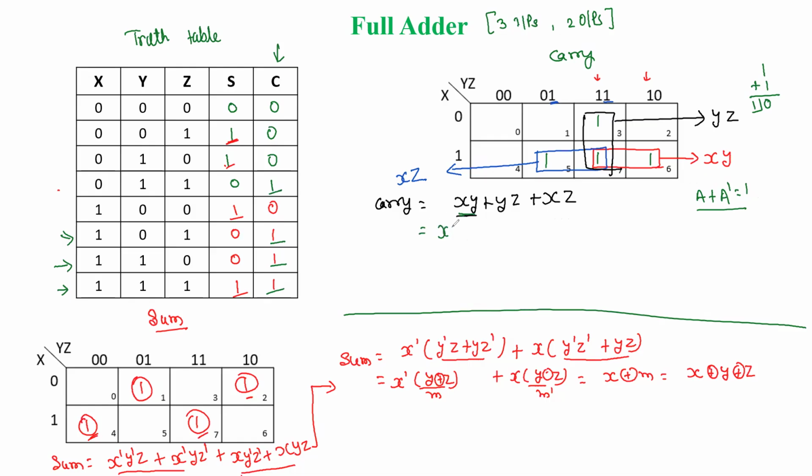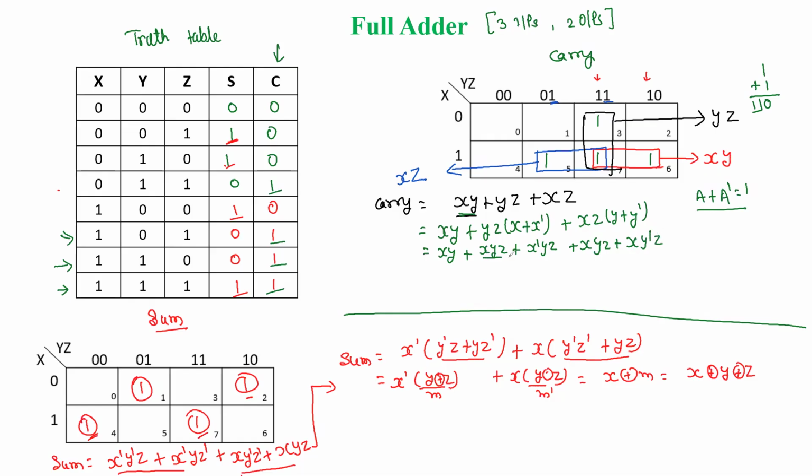On the basis of that, here we have xy plus yz, in which the literal x is not here. So we have x plus x dash we can multiply. Similarly, in the third term, y is missing, so we can write y plus y dash. Now again, if you expand this one, if some term is common, that term we will write only one time. So finally you have xy, again here xyz plus x dash yz plus xyz plus xy dash z.